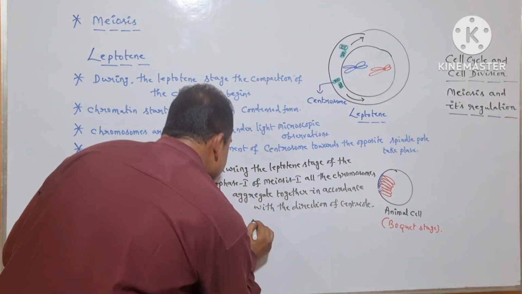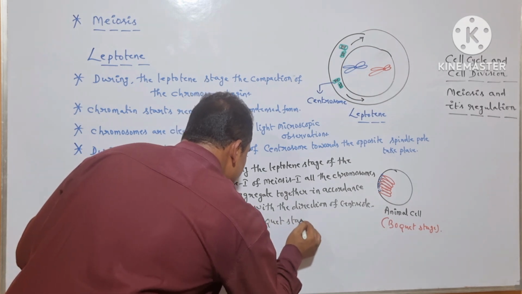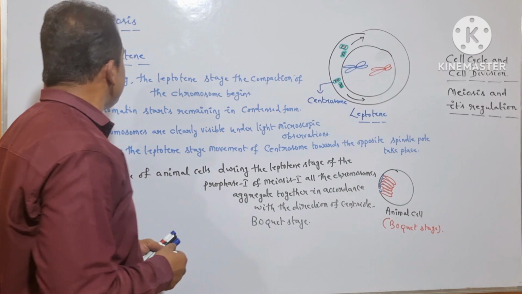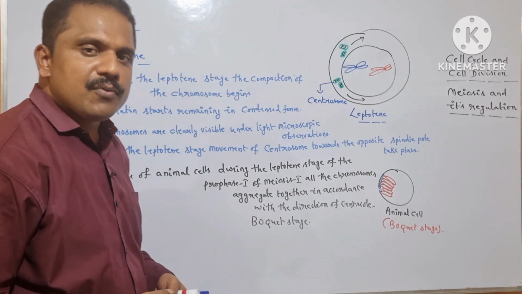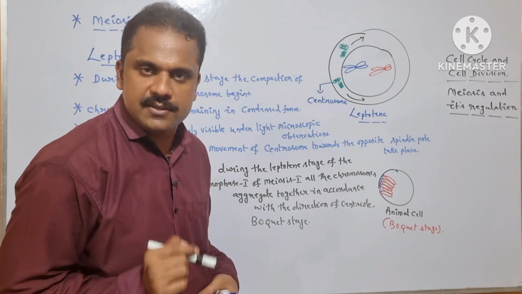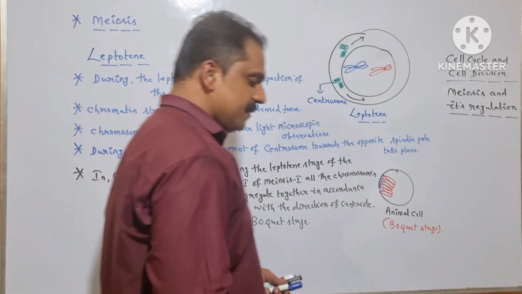And here the specific stage is termed as bouquet stage. Right? So this is regarding the leptotene stage, which is a part of prophase 1 of meiosis 1. And then after we will be studying the zygotene stage in detail. Is it clear? So let me arrange the things here.